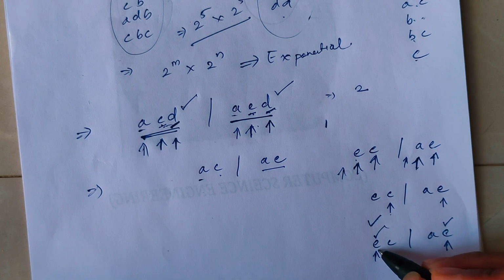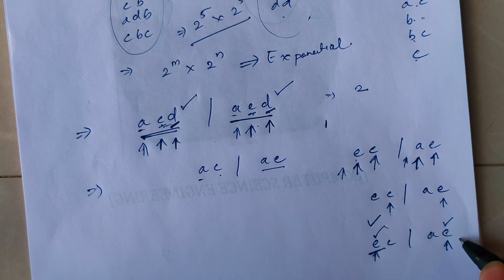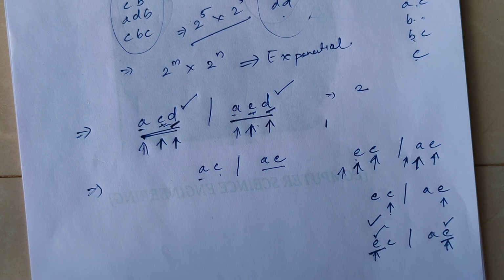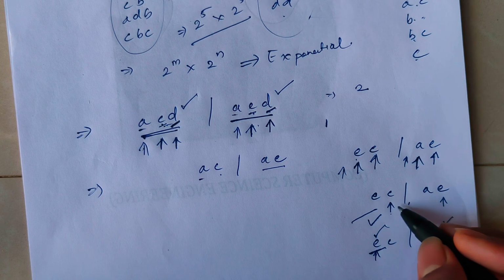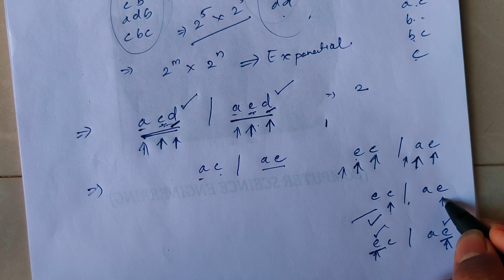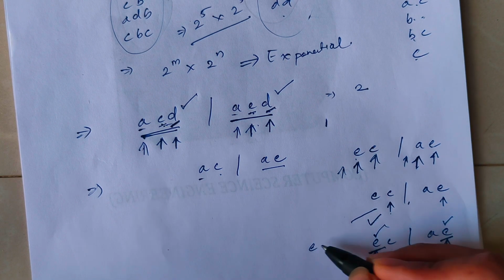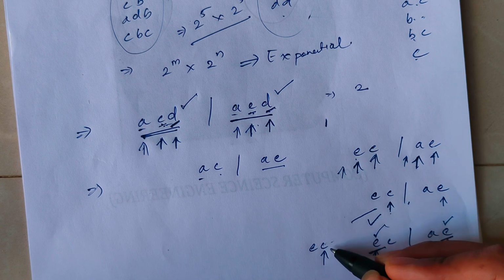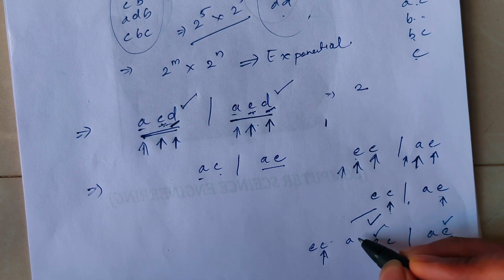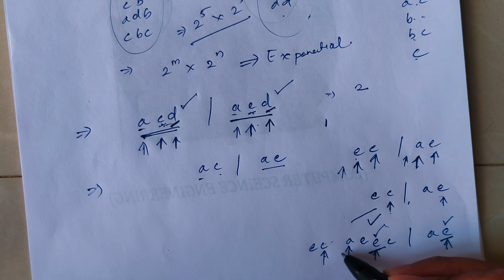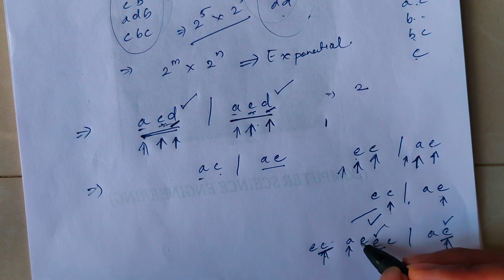So here we found a length, that is 1, that is common between these strings, right? And another thing we can do here is, we don't shift this pointer, we shift this pointer. So E, C, this pointer is here only, and we shift the second pointer, A, E, but we don't find anything.